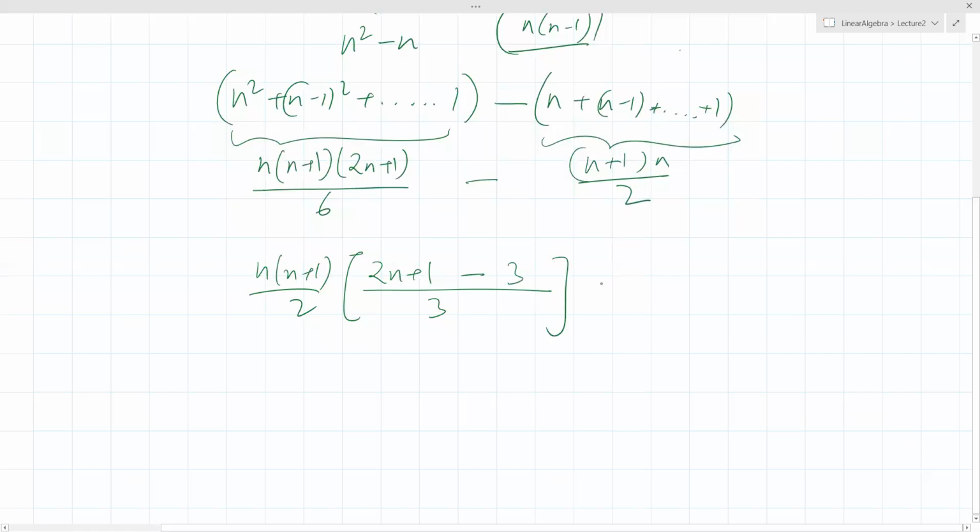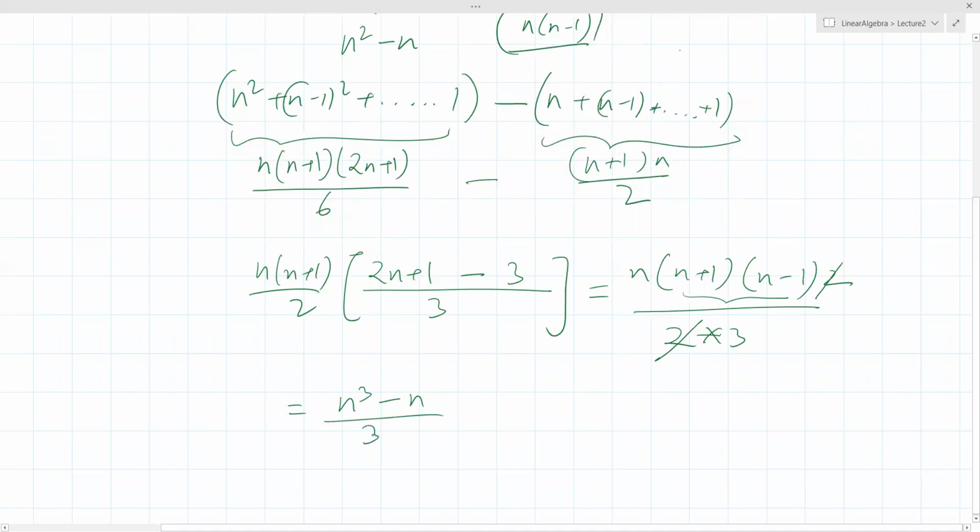So we'll have n into (n plus 1) into (n minus 1) into 2, divided by 2 times 3. So we finally get n squared minus 1 over 3.